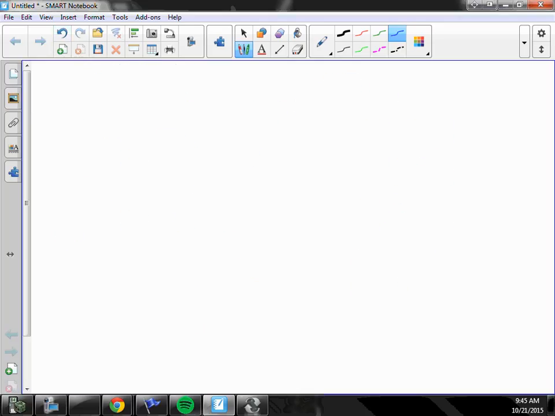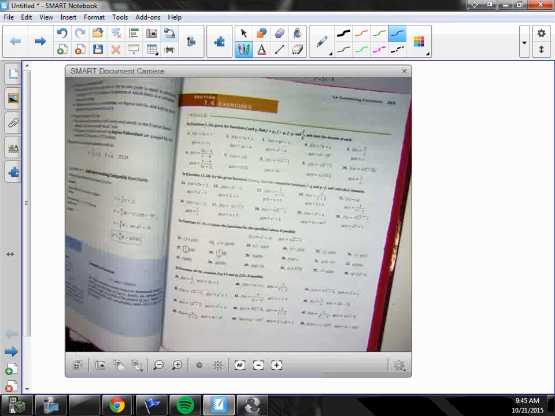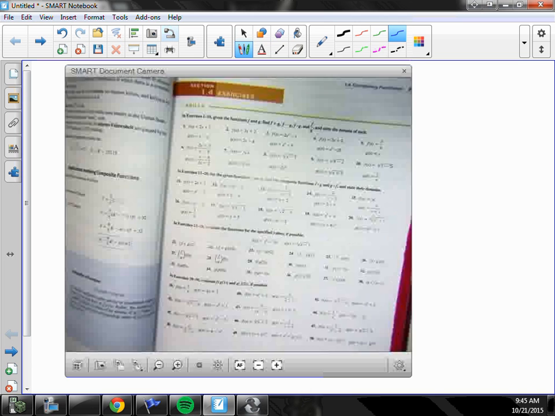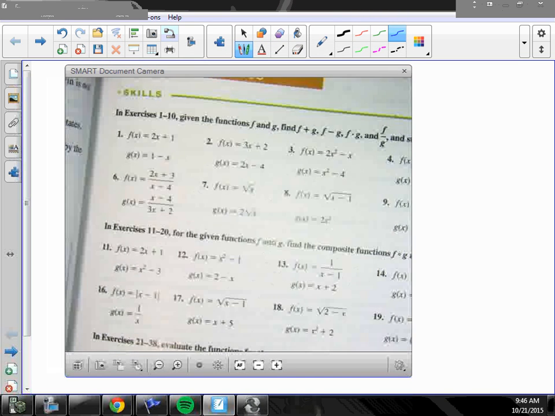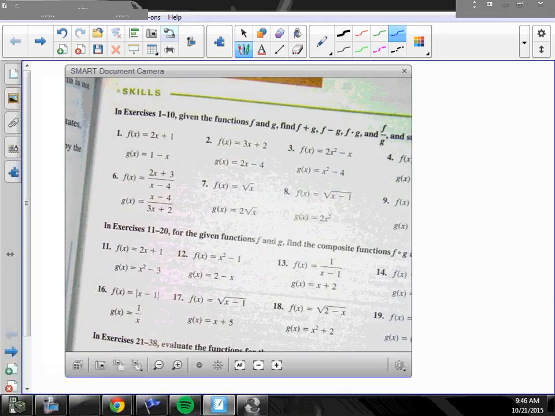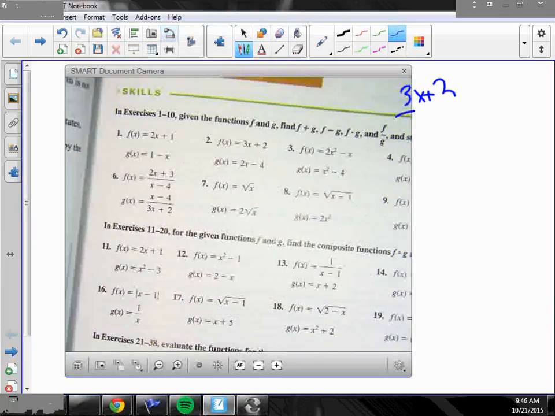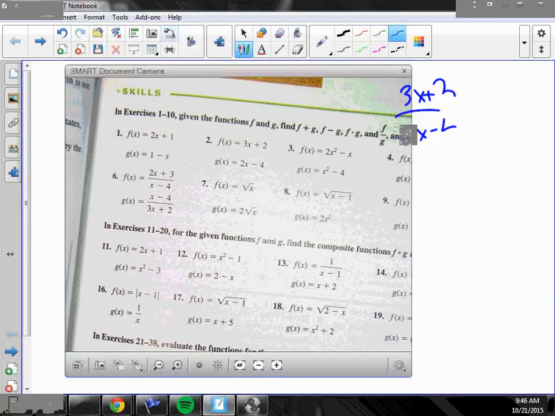But I want you to look at number 2. Let's start with number 2 on your worksheet. Looking at number 2, when I get to the divide, I will have 3x plus 2 over 2x minus 4. Is there a number that makes the bottom 0?